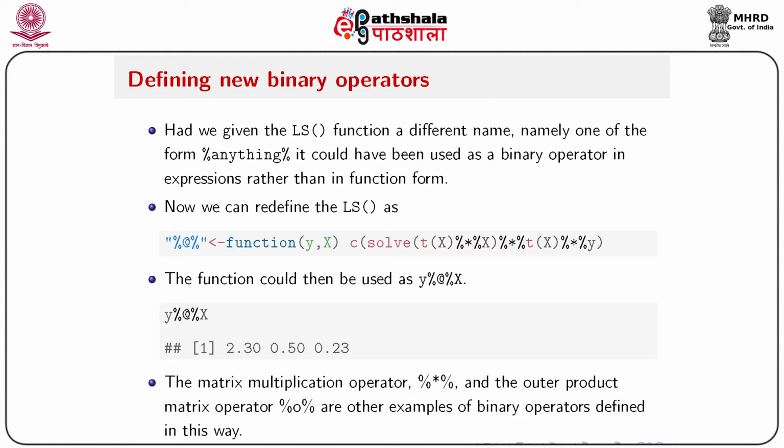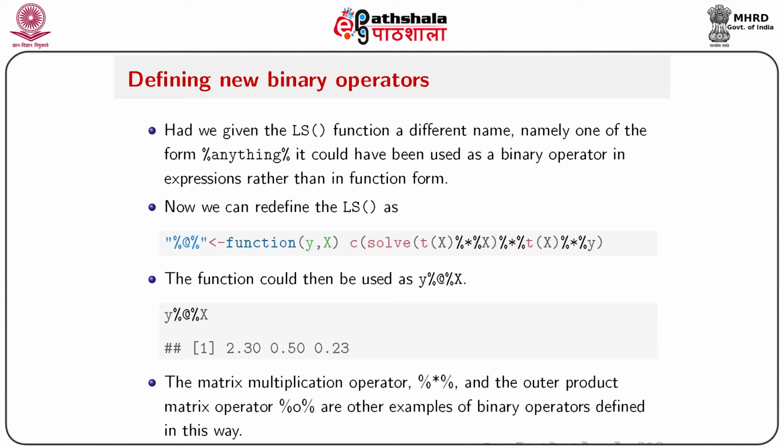Now we can define the ls, that least square function, by a binary operator, say percent symbol, percent symbol. So we can insert something within the percent symbols and create a new binary operator. So instead of calling that ls function, this binary operator might help you to calculate the way you calculate the matrix multiplication.